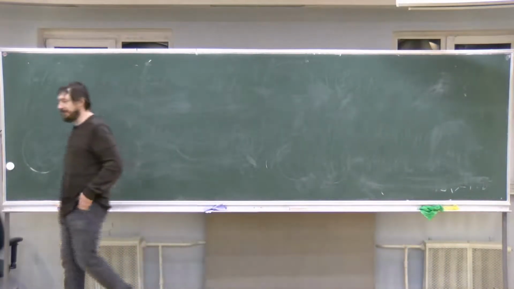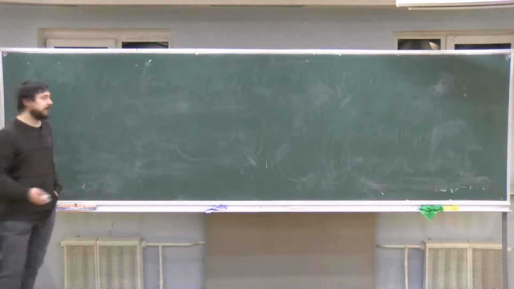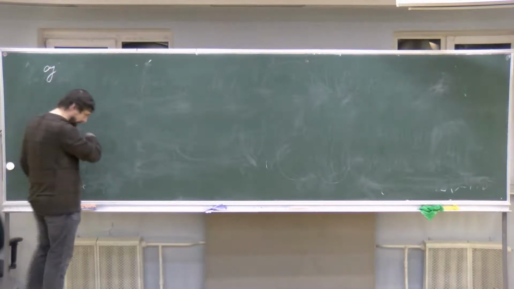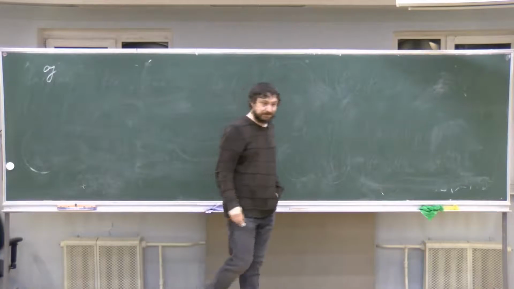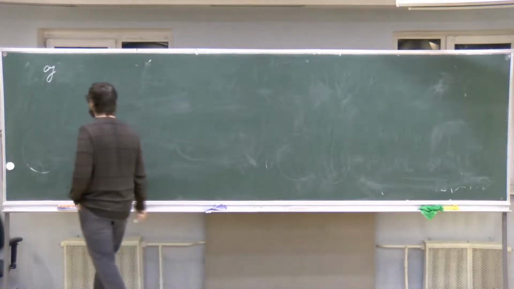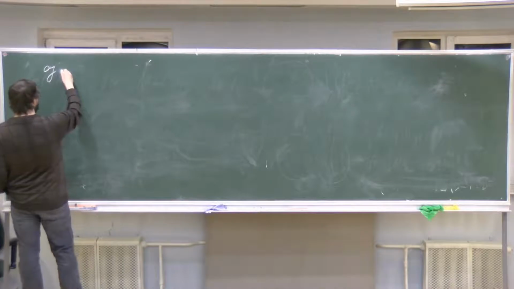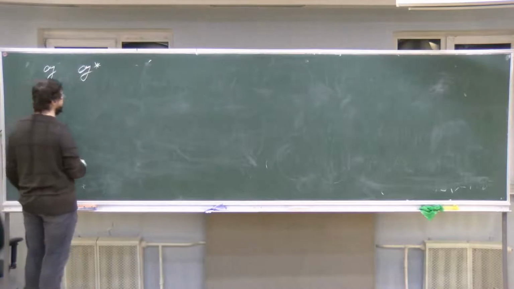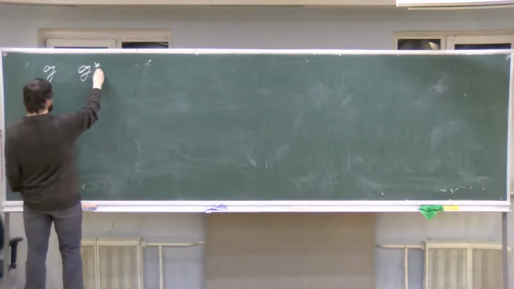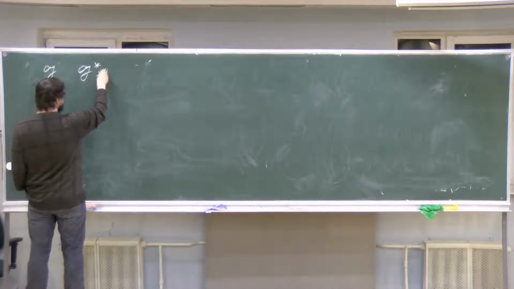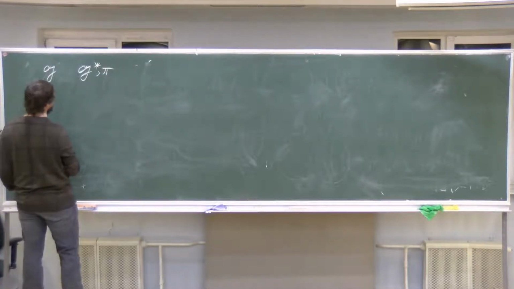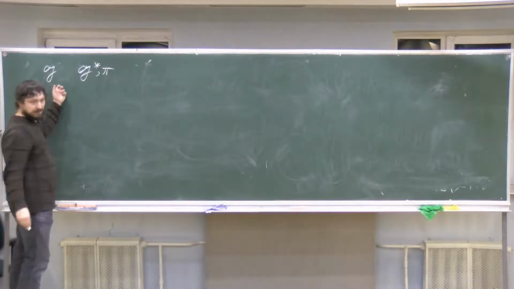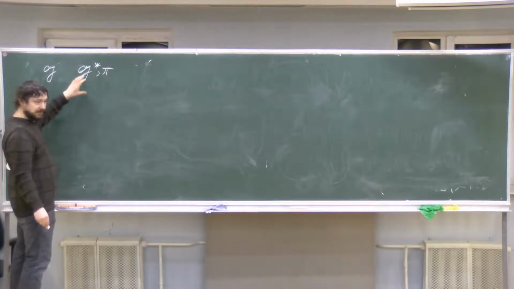So let me first explain what the Duflo theorem is. Suppose you have a Lie algebra, and as I explained a few months ago, the Lie algebra, or rather its dual, is a basic example of a Poisson manifold. So if you take G star, then there is a canonical Poisson bivector at this G star. Namely, you just reinterpret the Lie bracket on G as the Poisson structure.